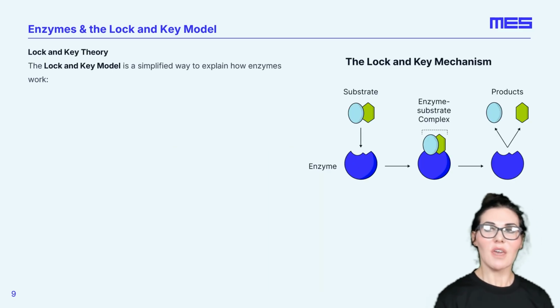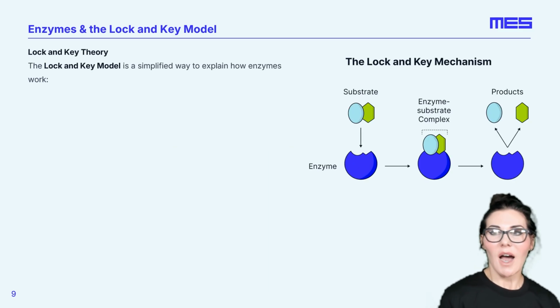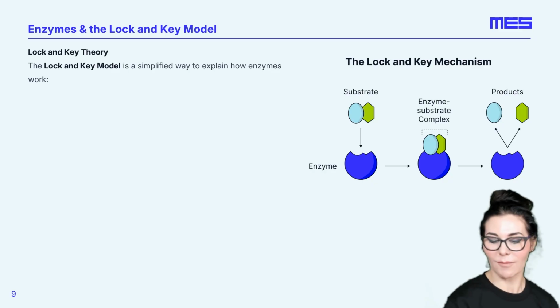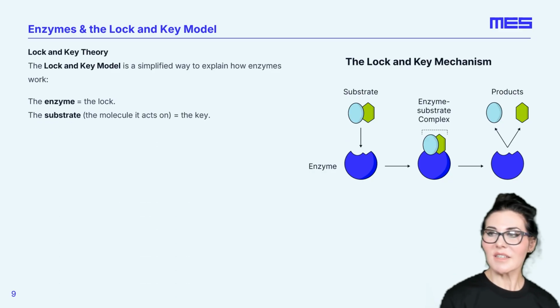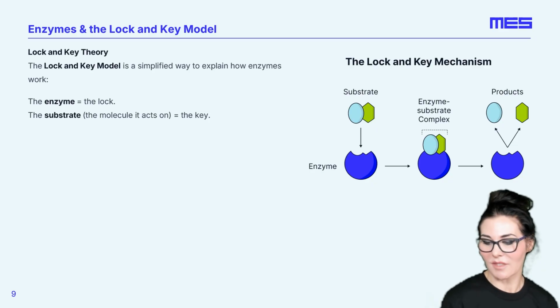The lock and key theory then, or model. How does it work? How do we explain this? This is a simplified way of showing how enzymes work. The enzyme in this case is described as the lock. So if you think about a lock on your door, it has a very specific shape. And the area of the enzyme which is most important here is the active site.